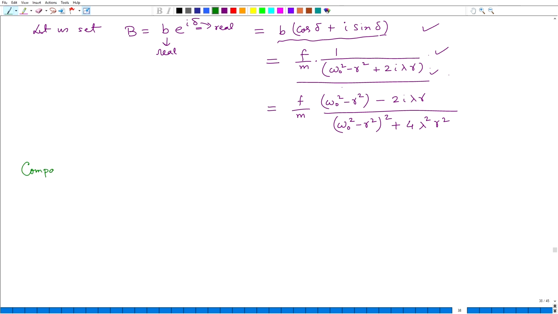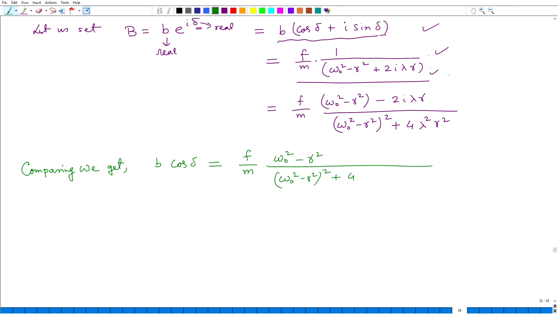So, comparing, we get b cos δ will be equal to f/m times (ω0² − γ²) divided by the whole thing, (ω0² − γ²)² + 4λ²γ².